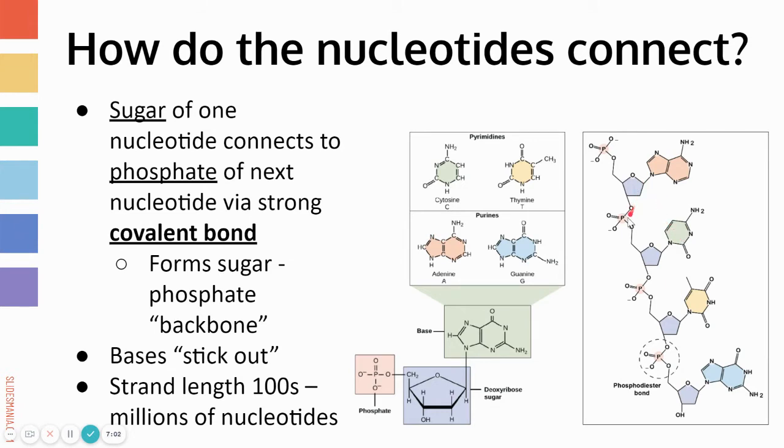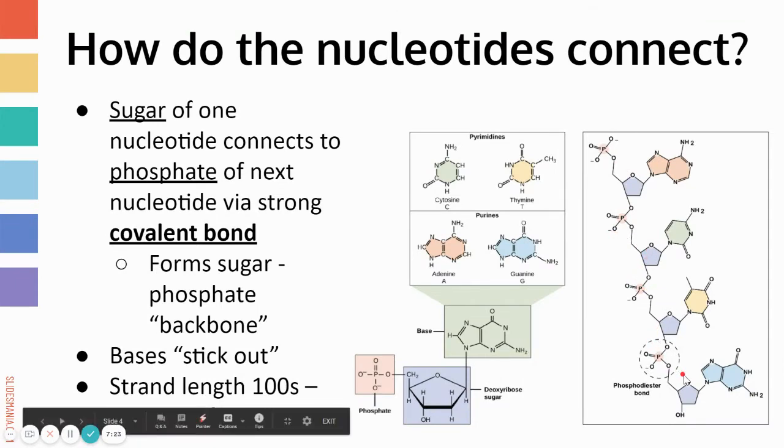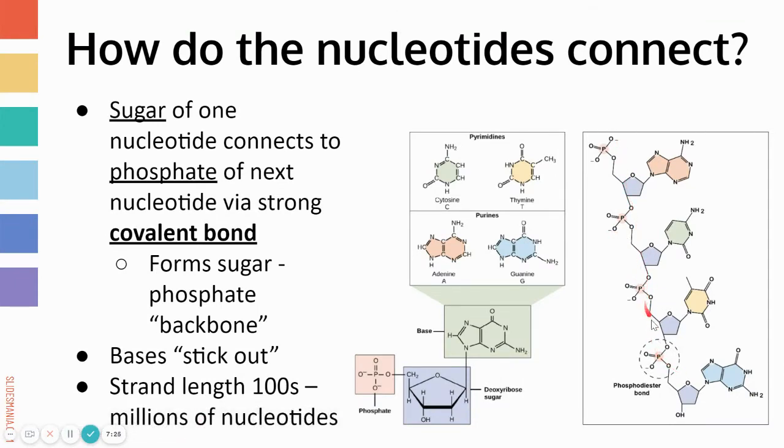So where they're connected, you can see, hopefully, that the sugar of one nucleotide is connected to the phosphate of the next nucleotide. And that nucleotide's sugar is connected to the phosphate of the next one. So we get this sort of phosphate sugar, phosphate sugar, phosphate sugar, phosphate sugar strand.